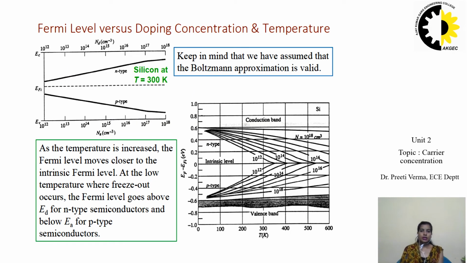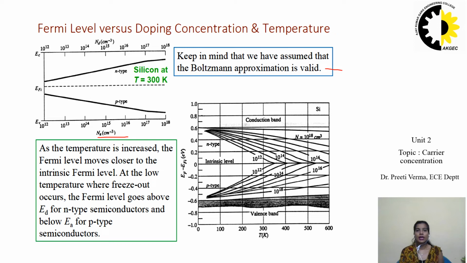Now this diagram is representing the Fermi level versus doping concentration and temperature. Here we can see this variation. The dotted line is representing Efi and here we have Ec and Ev. This is representing how the concentration is decreasing for p-type and increasing for n-type, keeping in mind that we have assumed that the Boltzmann approximation is valid.